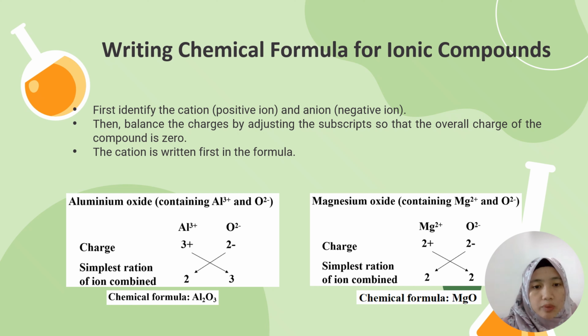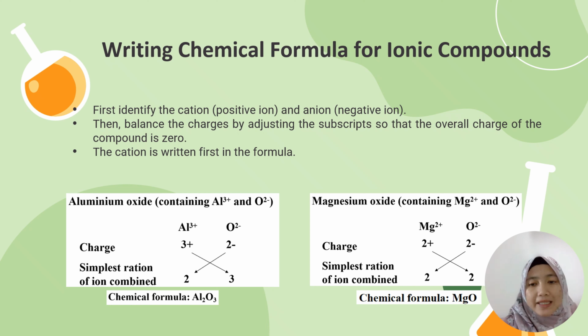The 3 will be brought as the subscript for oxygen, and the charge of 2 from oxygen will be brought to the opposite side as the subscript for aluminium. So for aluminium oxide, the chemical formula is Al2O3.